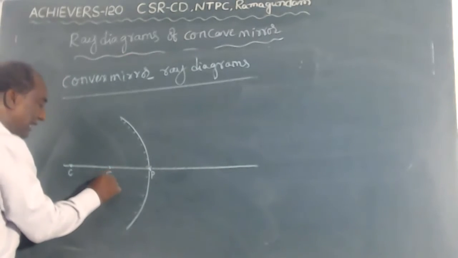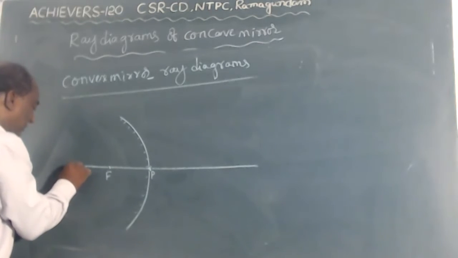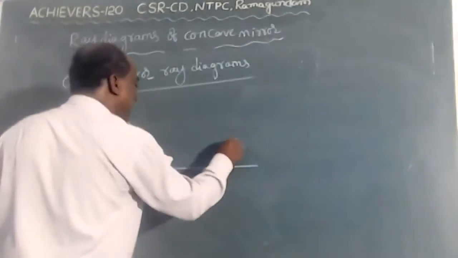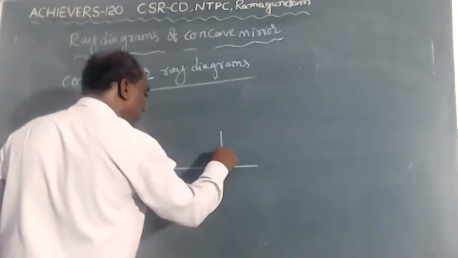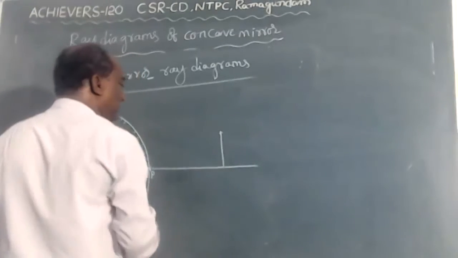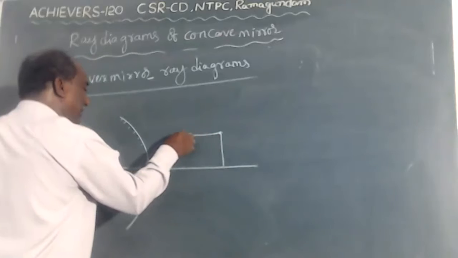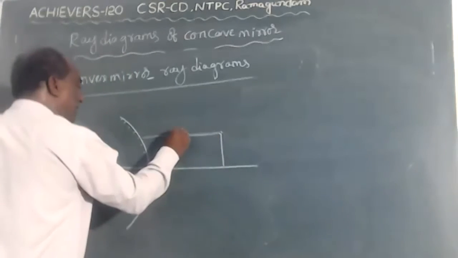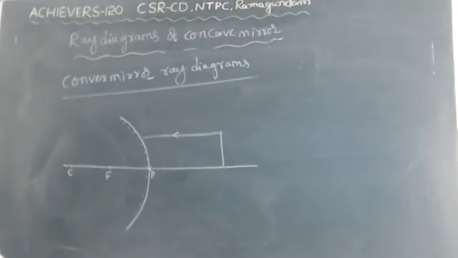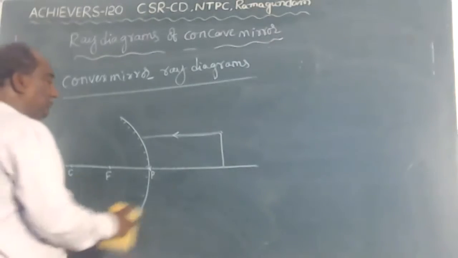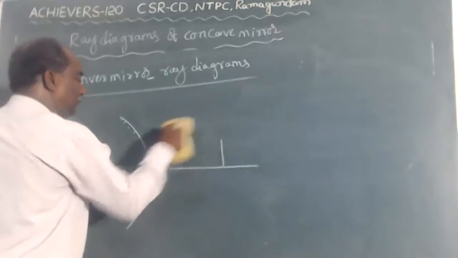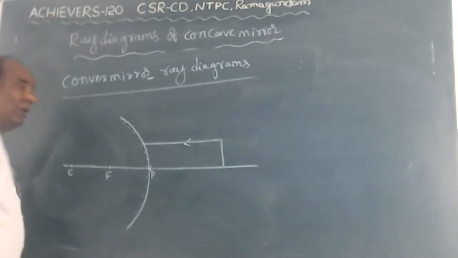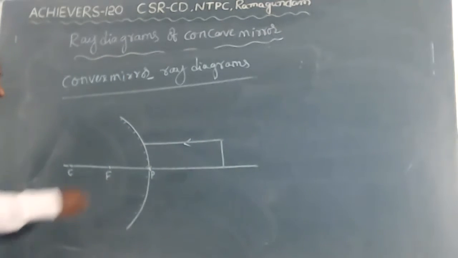Pole, focus and center of curvature. For example, a parallel ray comes from the object and strikes the mirror.